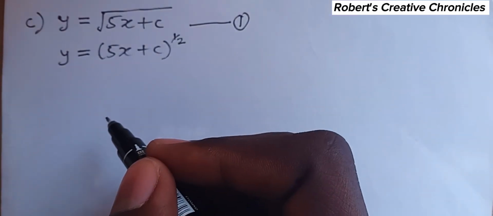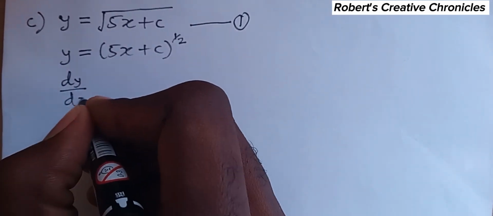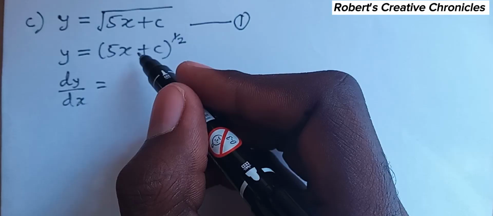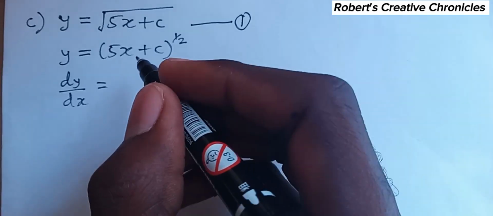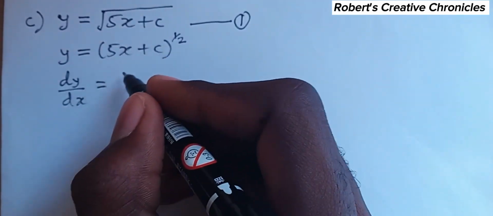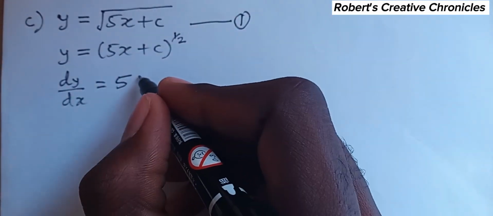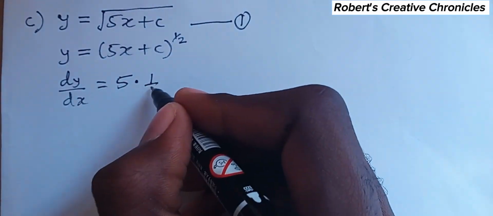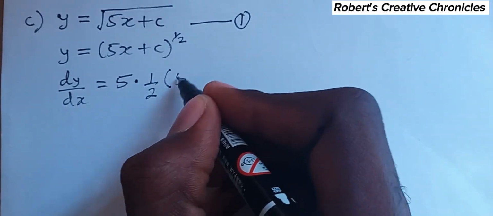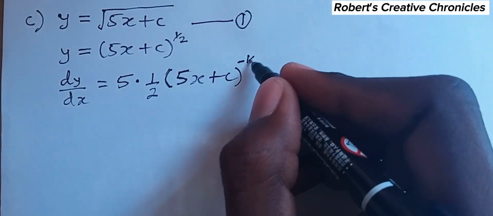So we'll differentiate this term, dy over dx. We'll use the function of a function differentiation. So we'll differentiate the internal one, 5x plus c, which is 5, multiplied by the derivative of the outside function. Half minus 1 is negative half.